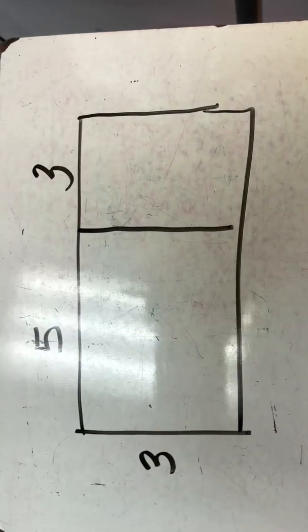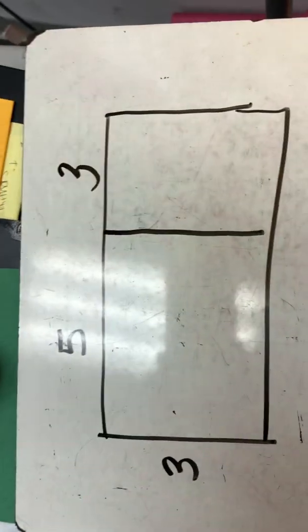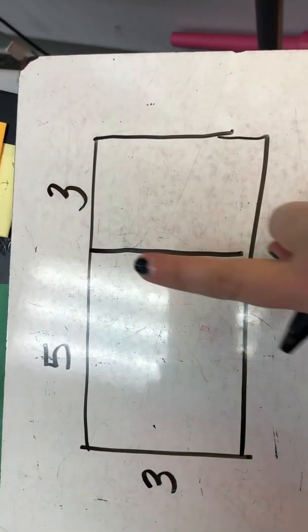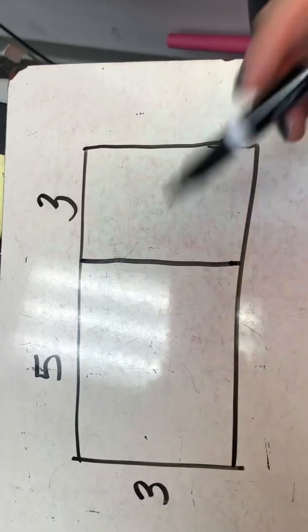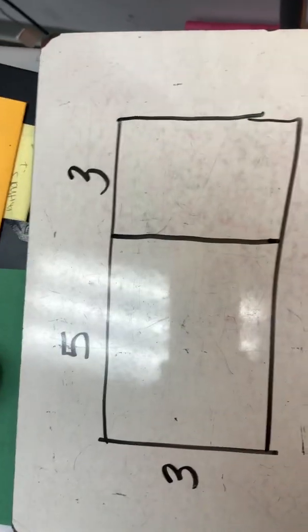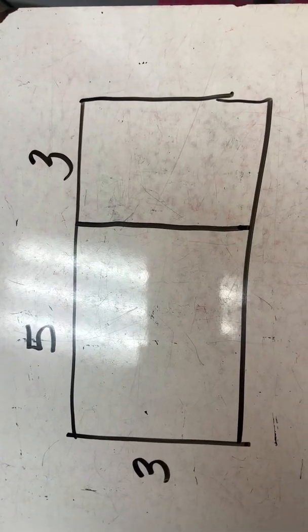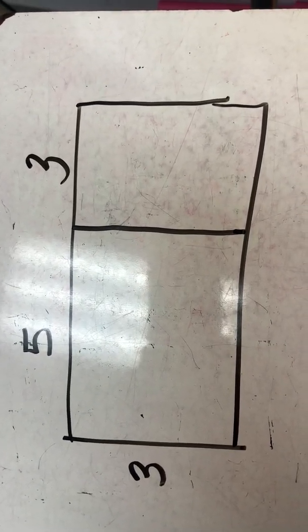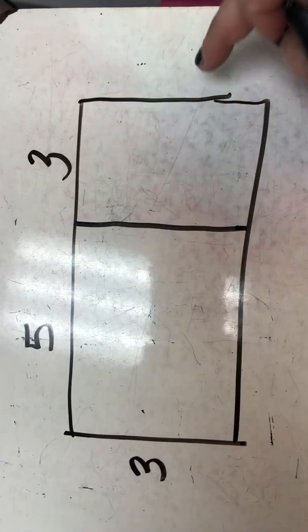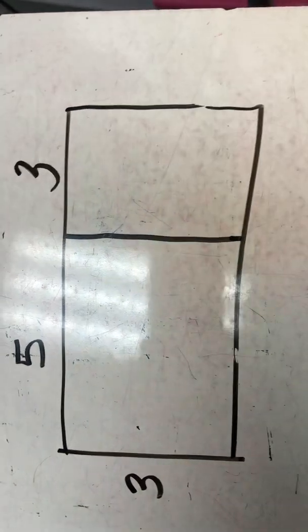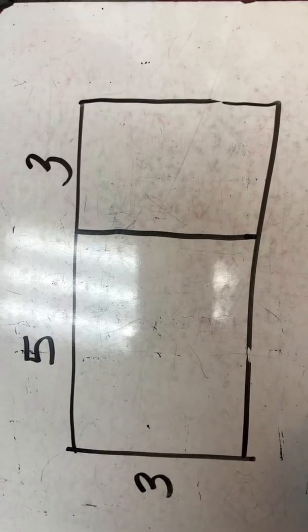Okay, take a look at the big rectangle and then how I've split it into 2 smaller rectangles so that I can decompose the big rectangle and make it easier to find the area.